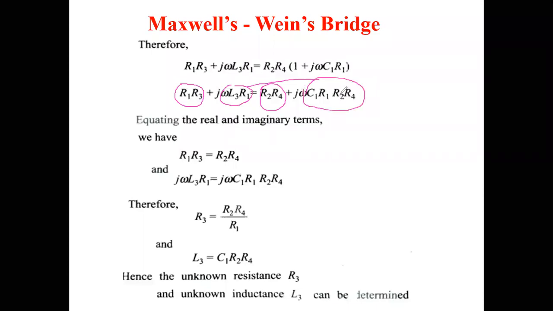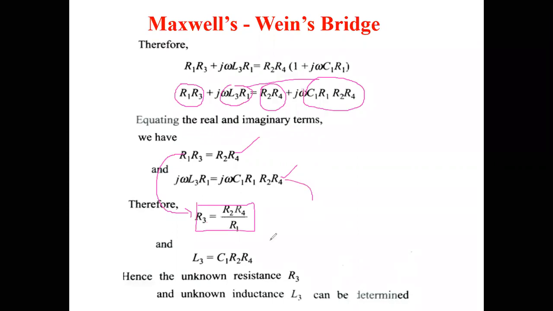So those are the two equations. From R1 R3 equal to R2 R4, the unknown value is R3, so R3 is equal to R2 R4 by R1. So this is the unknown resistance.